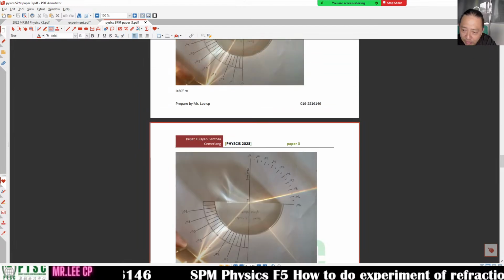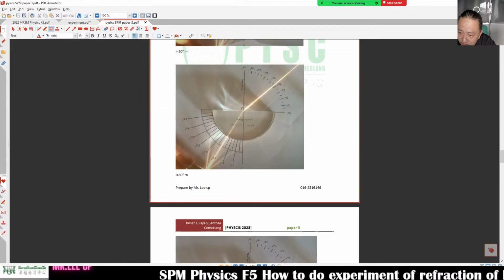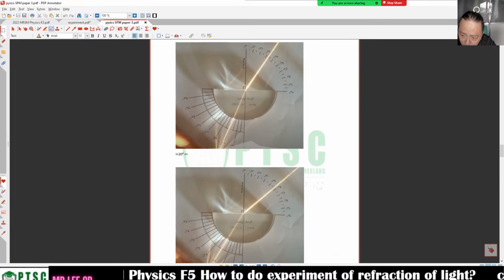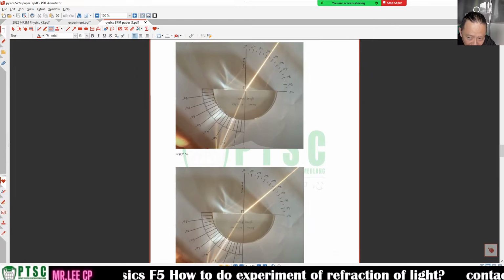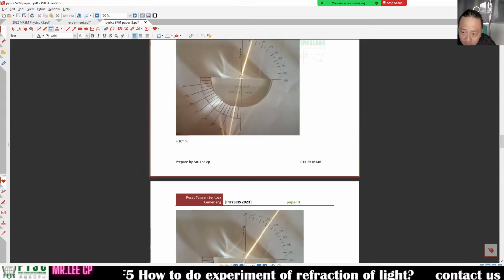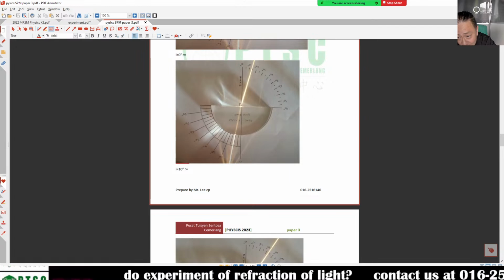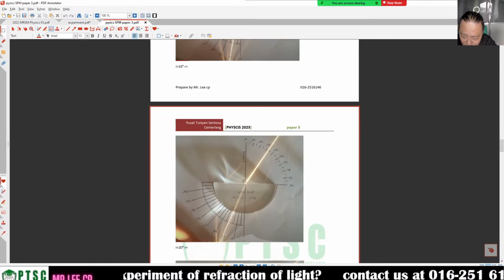No, not yet. Teacher, this one total internal? Not yet. But you see some messy light here. If the angle is small enough, then you will not see it. So this question is so annoying.